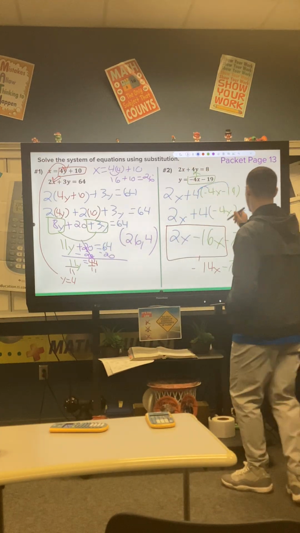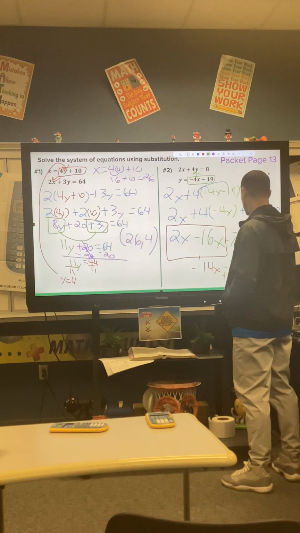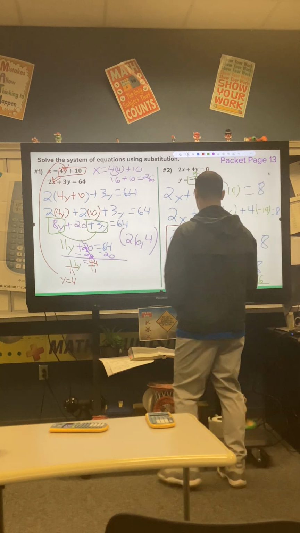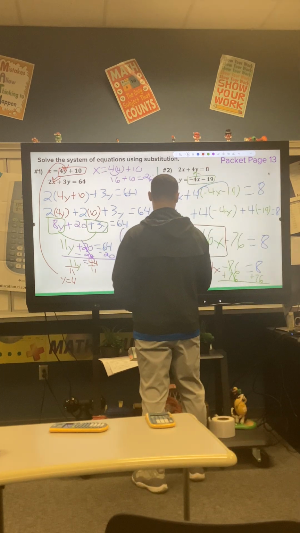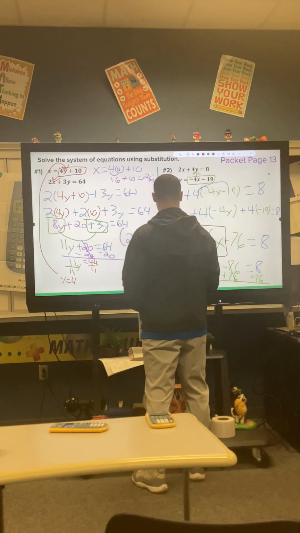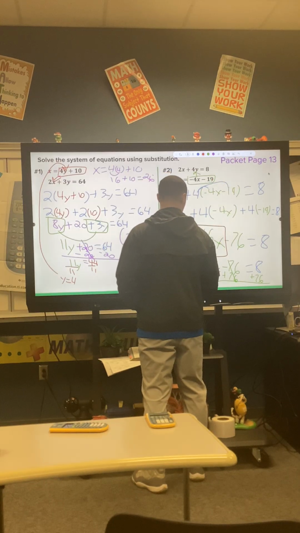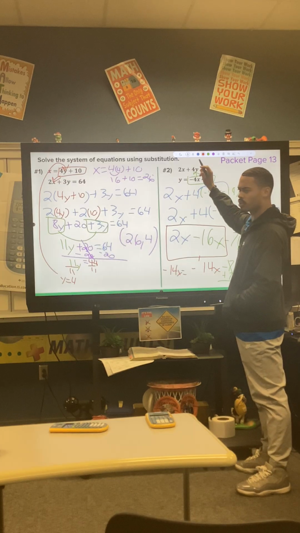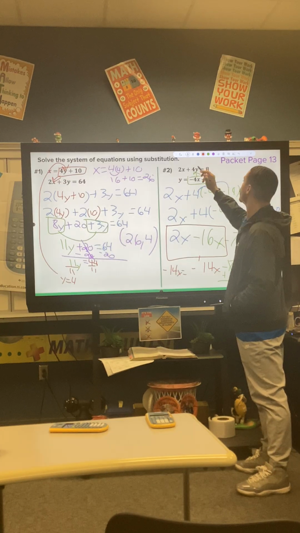So now I'm going to add my 76 to each side. And I should have a negative 14x is equal to, what's this? 8 plus 76 is what, 84? Yeah.